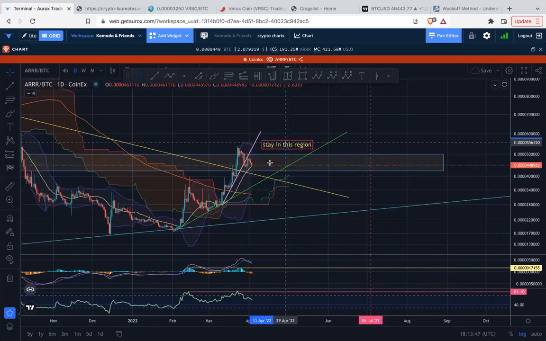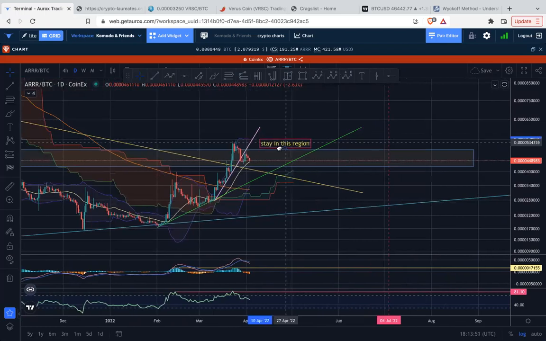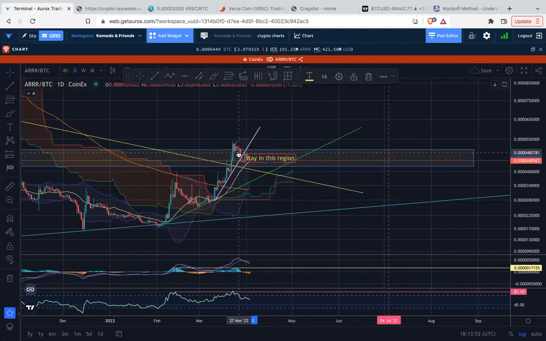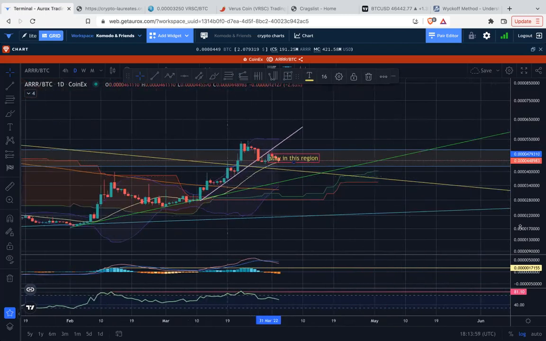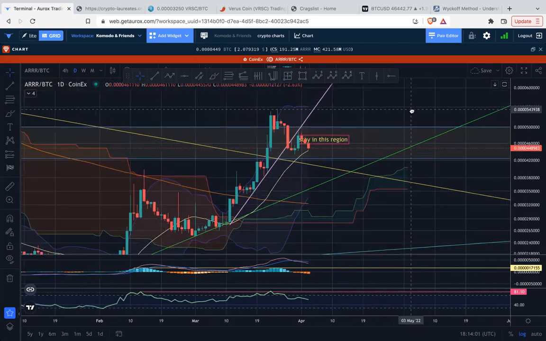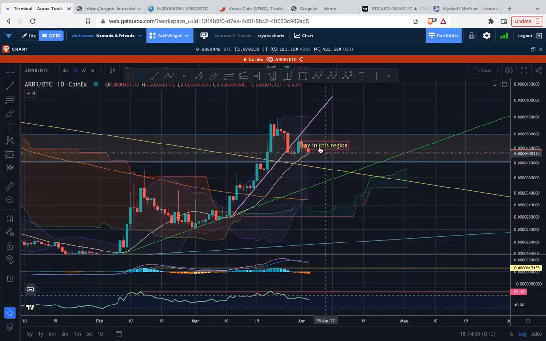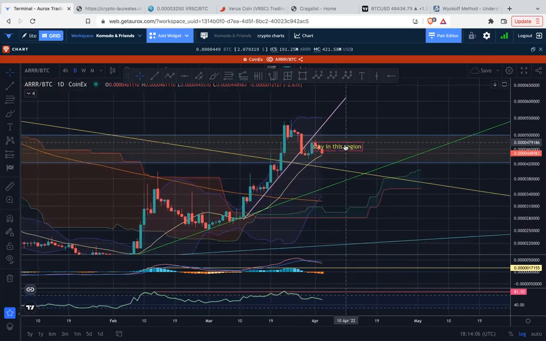But I think the strongest move is bouncing off the 20-day moving average. That would be the strongest move. But when this price was breaking down, the more short-term average here, if we go to this short-term average and you look at it on the 4-hour, you'll see also, but you can see it very clearly on the daily.